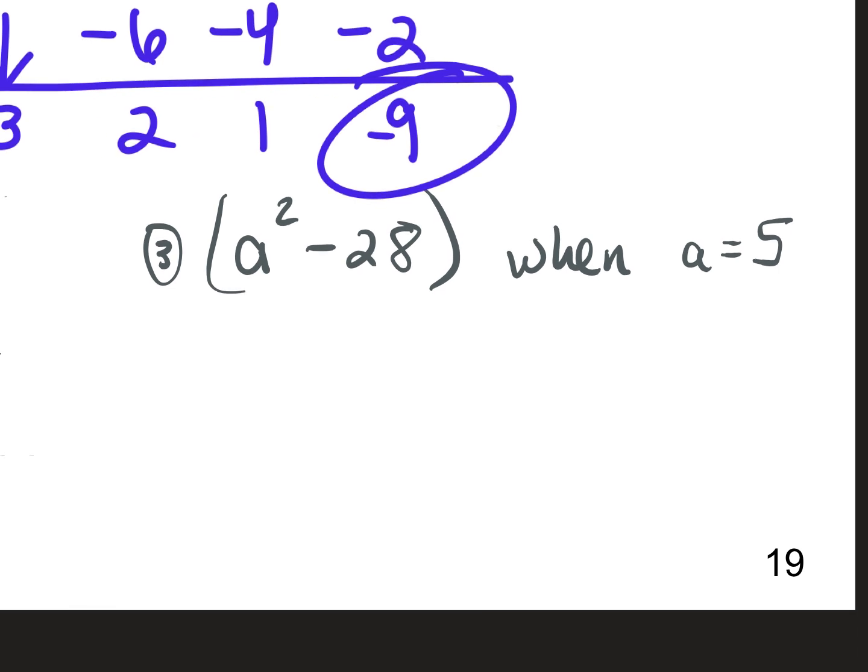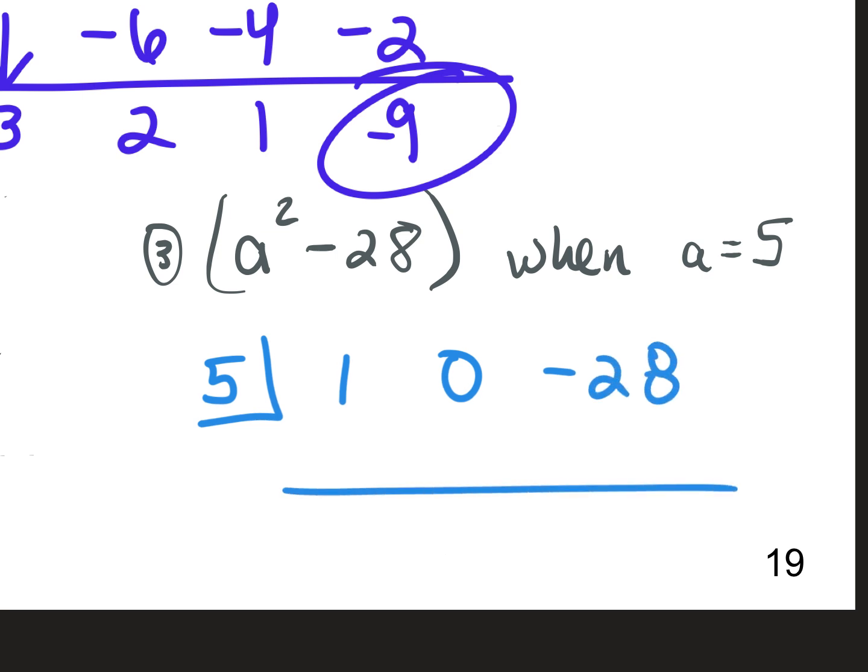All right, what's going in the corner? 5. What are my coefficients? Good job. Why is there a 0 there? Because there's no a to the first power. Good. Anytime there's nothing represented for that exponent, you just put a 0. You have to have the placeholder.